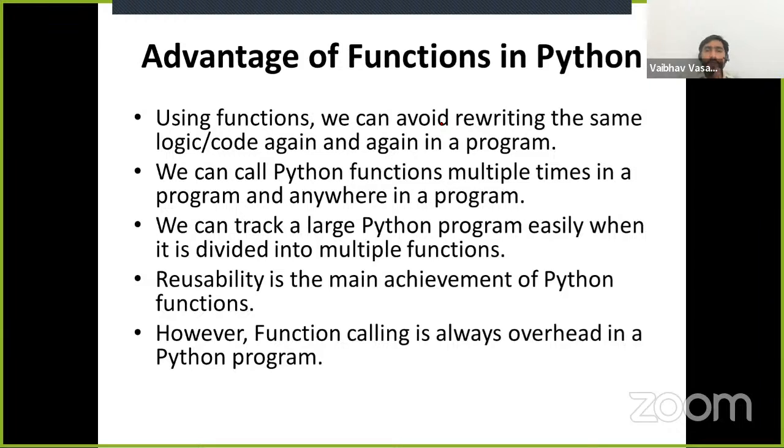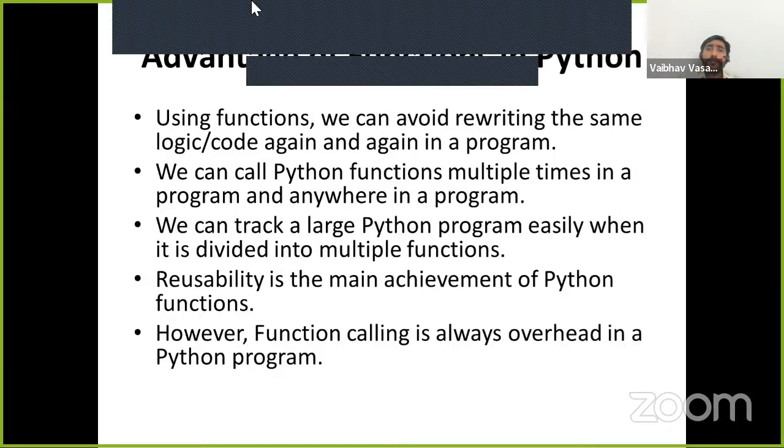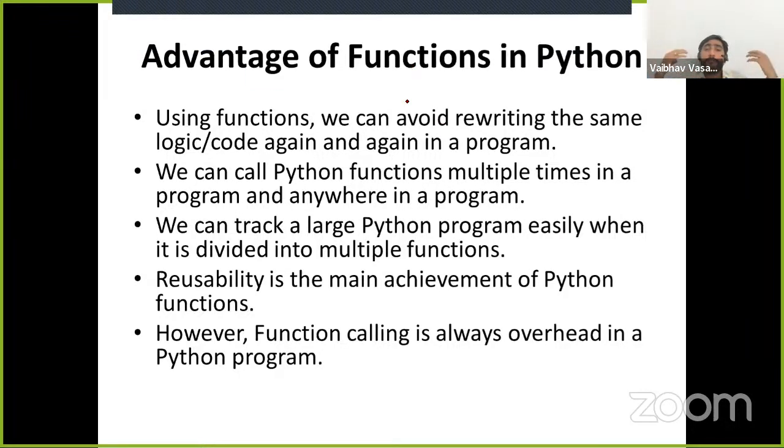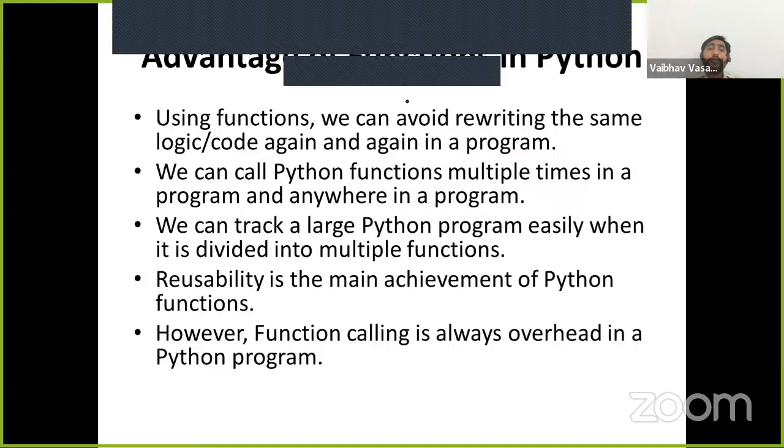Of course, there shouldn't be any dependency. If there is a dependency, we need to run one after the other. If small functions are there, we can run them in parallel if there is no dependency, right?